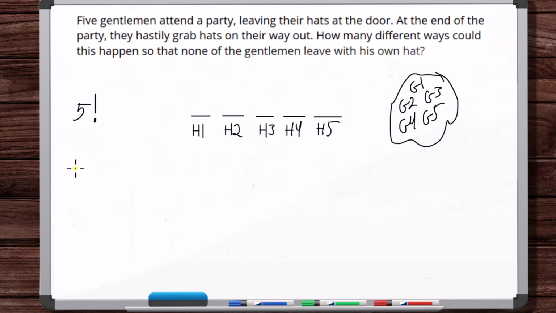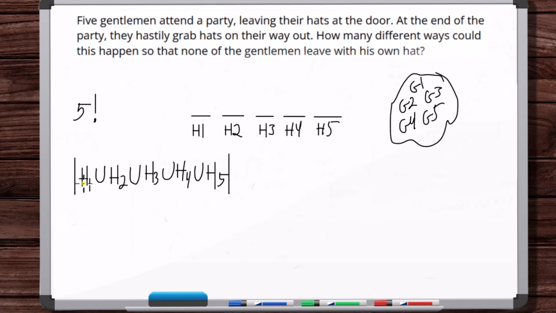If we can figure out the number of elements in H1 union H2 union H3 union H4 union H5, then we have what we want. We just subtract that from here.